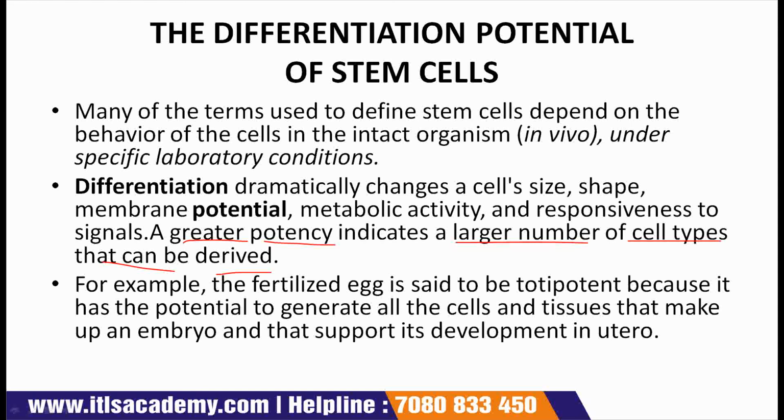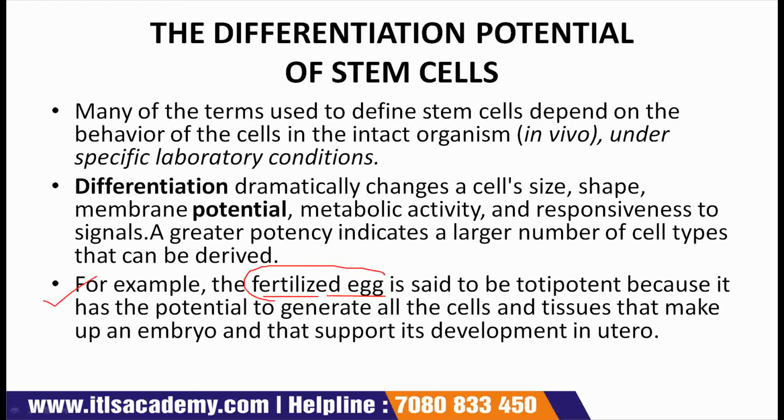Totipotent is a type of cell that can form most of the tissues or cells of the body. If we take an example, the example is the fertilized egg.